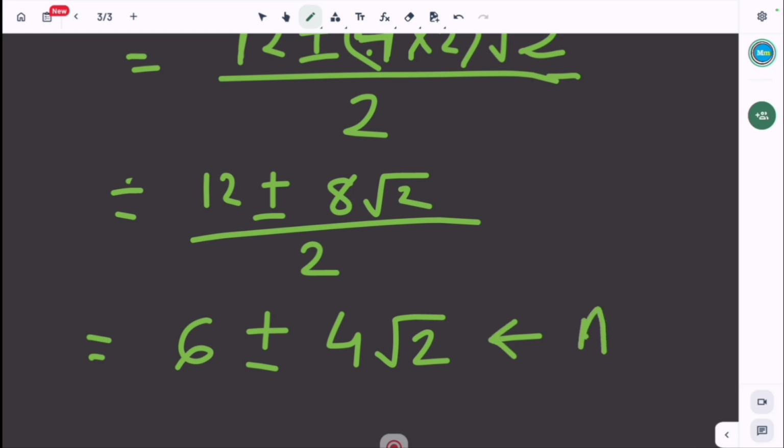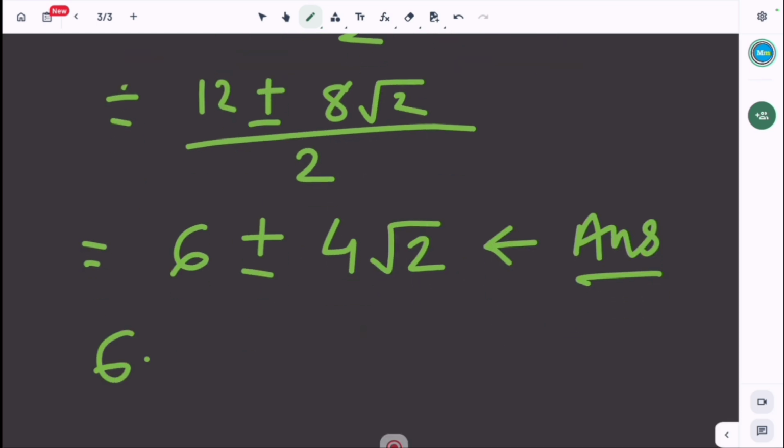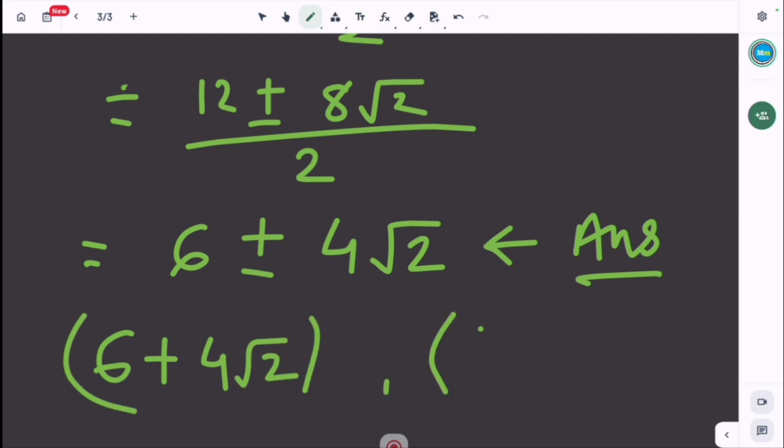So this is the answer, guys. One answer is 6 plus 4 root 2 and another is 6 minus 4 root 2.